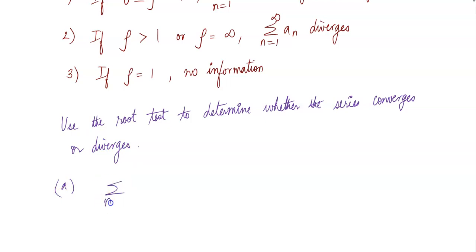And the first question is the summation of (n squared plus 3n over 7n squared plus 5) to the power n.